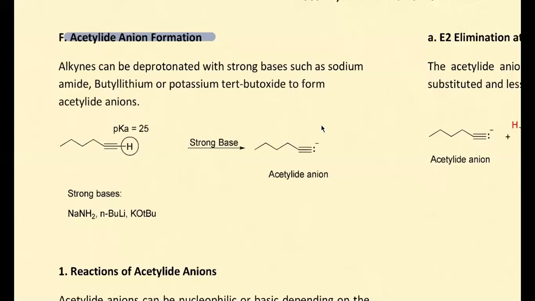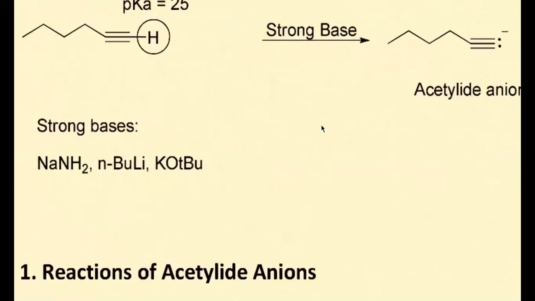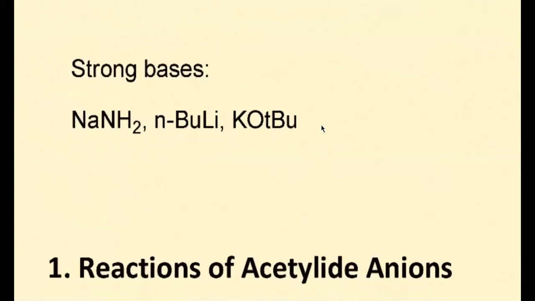All right. So the alkyne, the pKa of that proton is about 25, right? So if you react that in the presence of a base, like sodium amide or butyllithium or potassium tert-butoxide, let me show you what that looks like. So butyllithium is a 4-carbon chain, and that fourth carbon actually has a covalent bond to lithium.